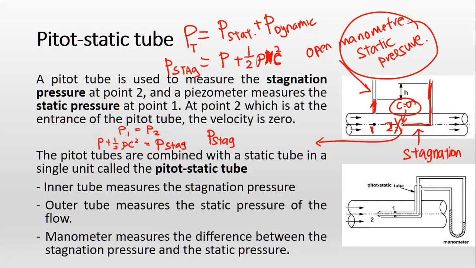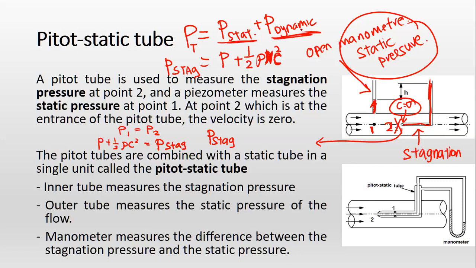This P that we are measuring at point number 2 is actually the P stagnation. So this is the concept of a pitot tube. What the pitot tube does is bring the velocity to 0, such that what I'm measuring over there is the stagnation pressure, the full pressure that consists of both the static and the dynamic.